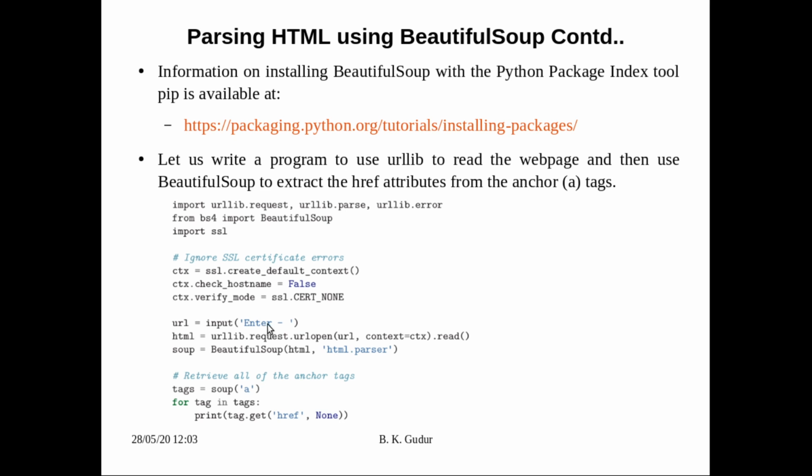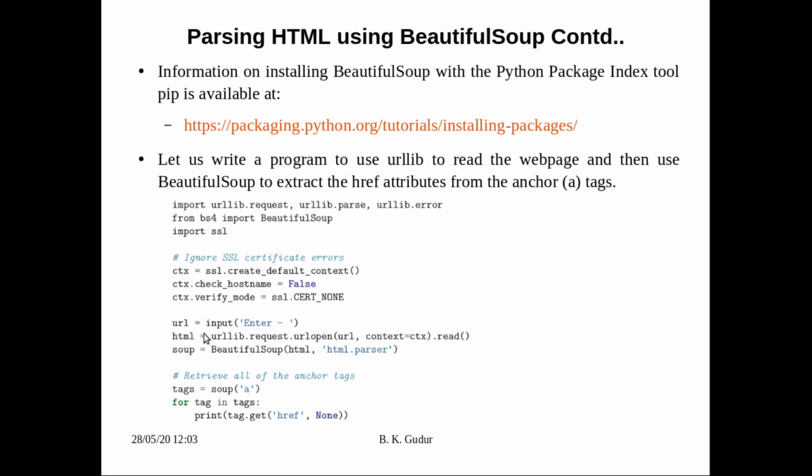Then, as usual, we ask the user to enter a particular link, nothing but a page URL, and we will read the URL page. Later, instead of using re, a regular expression, here we are using Beautiful Soup, a function called BeautifulSoup.